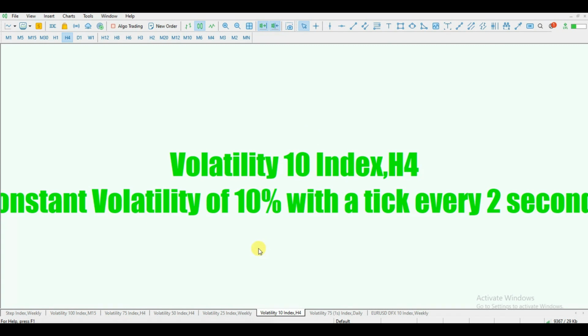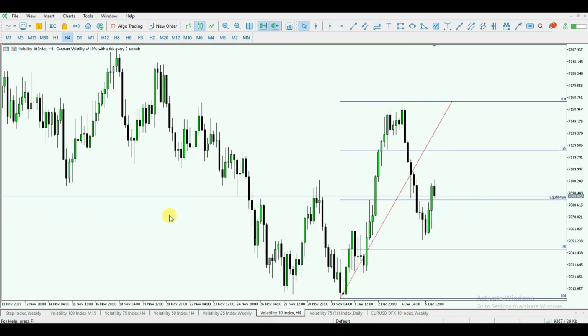Let's look at the 4-hour time frame and see what possibly can happen here. Okay, so on the 4-hour time frame, this is where we had the reversal.